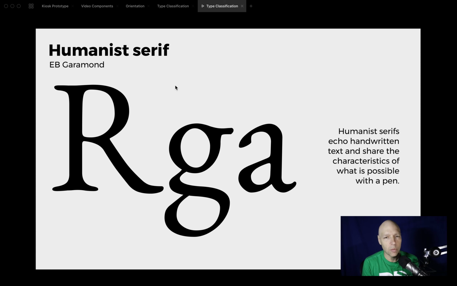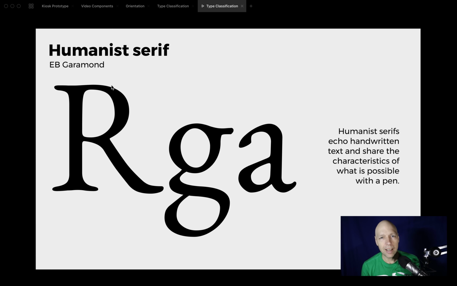In the humanist world of serifs, we are looking at typography that feels like it's actually handwritten, and you can look at some of the structure of the glyphs that have been created, and they look like they were created with a pen.